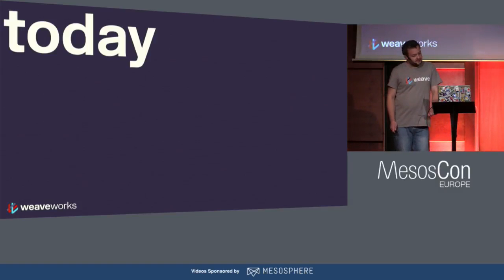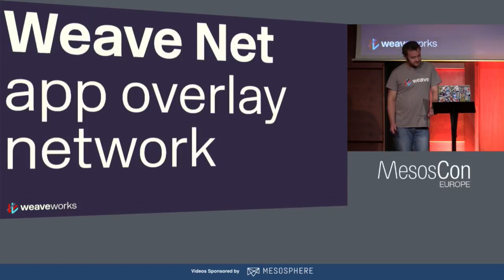So, fast forward to the present. What have we got? Well, let's consider Weave Net, for example. It's an application-oriented overlay network. A Weave Net user doesn't really need to know anything about the underlying technology, whatever it uses, VXLAN, IPsec, that kind of stuff. Users don't have to make any changes to their underlying infrastructure to run Weave Net.